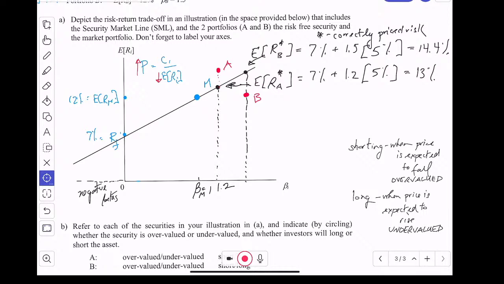As we expected, the expected return should be 13% to compensate for that level of risk, not 15%. Yeah, 15%. So that means the price is rising. This is an undervalued security. So all these securities above the line are considered undervalued.